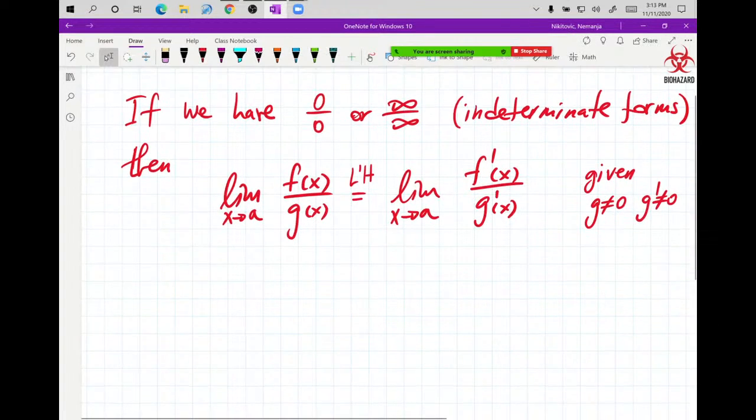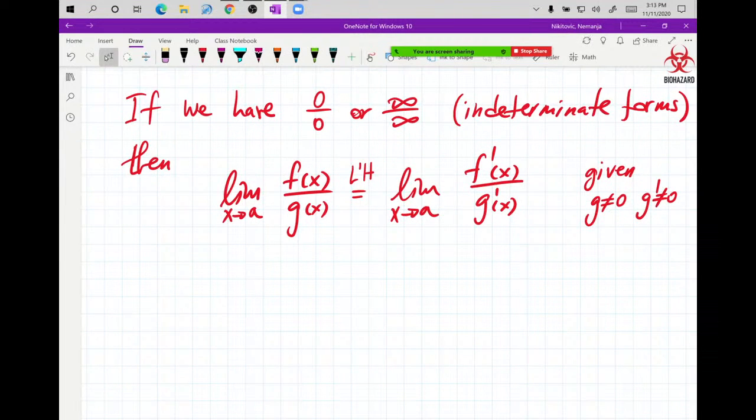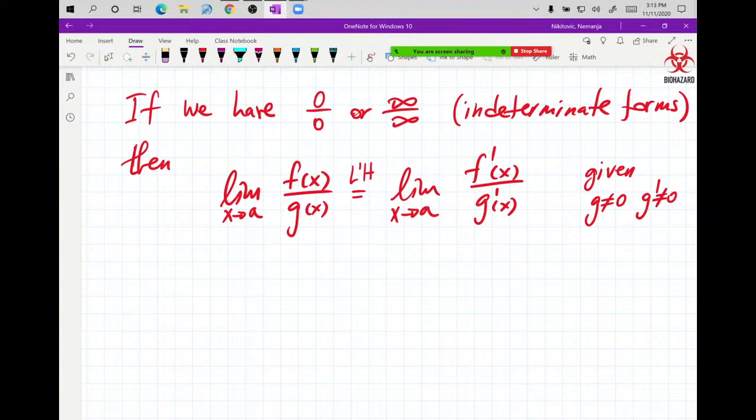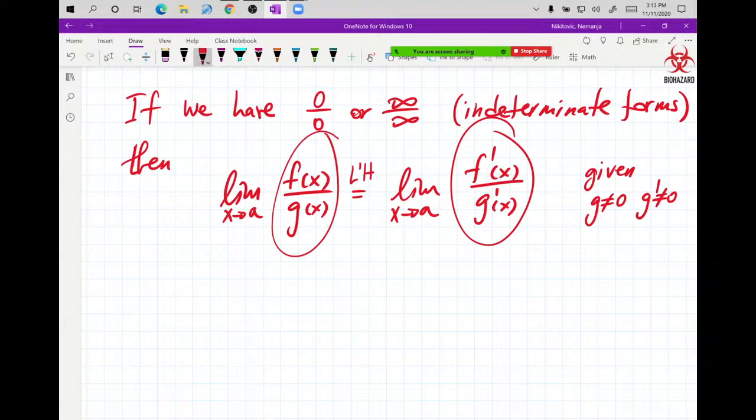So this is the rule. Now, this is not your regular equal sign, like when you say 3 is equal to 3, or x equals 3 when you know that the variable x is 3. That's not that. You cannot claim that this is equal to that, because we know that you have to use the quotient rule, not two separate derivatives.